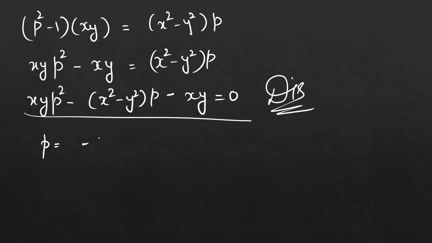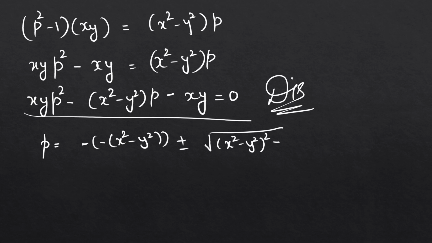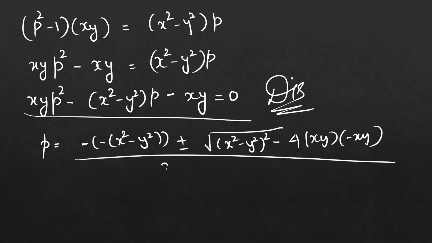Minus b is minus x square minus y square plus minus root b square, again minus positive, minus 4ac, divided by 2a.